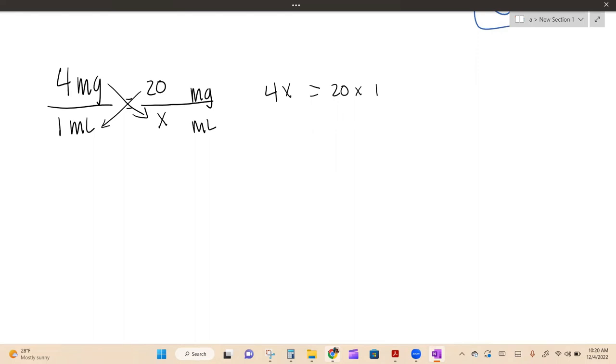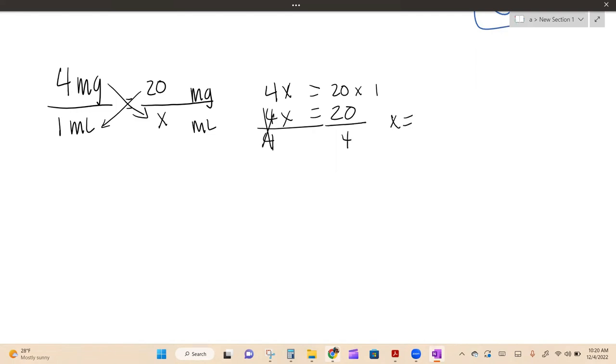Or you can solve it without touching the x, which is usually the way I solve it in class. But for this, I like to teach it this way since the book does. So 20 times 1 is 20. And then we have 4x. We want to get x alone, so we're going to divide both sides by 4.